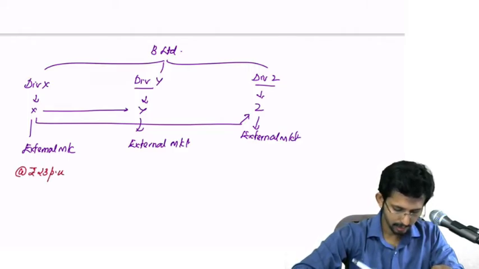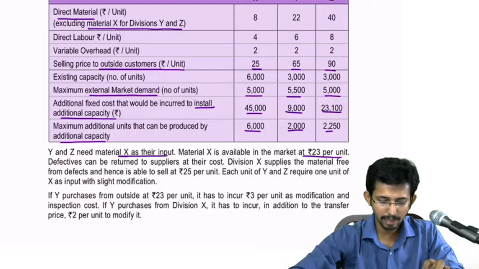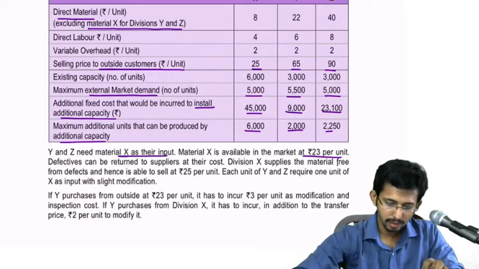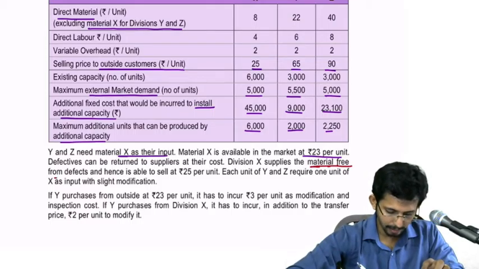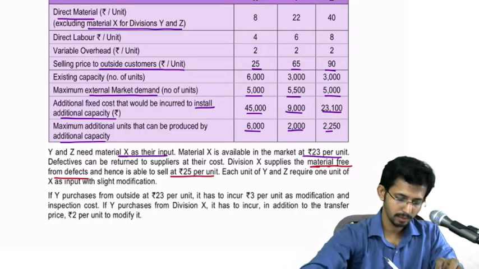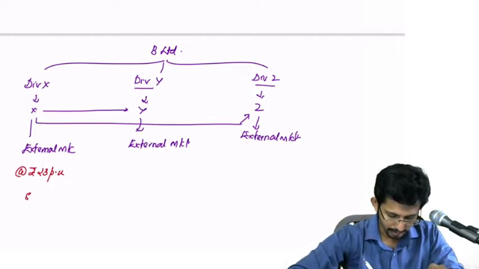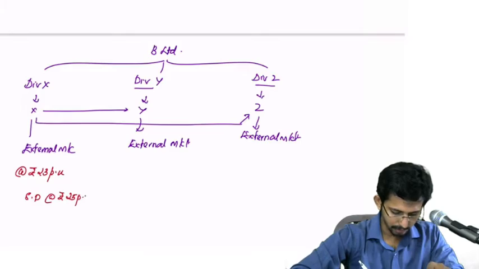Now defectives can be returned to suppliers at their cost. Division X supplies the material free from defects and hence is able to sell at 25 per unit.